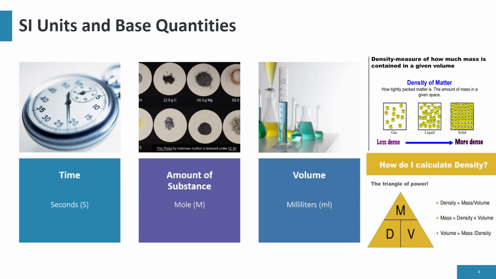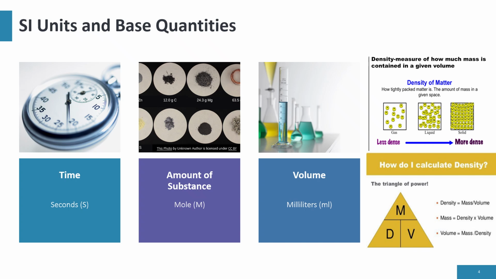Now, one of the things I want to focus a little bit more on is density. Density is a measure of how much mass is contained in a given volume. Let's say we have a small marble. How much matter is inside that marble is going to be completely different than, for example, a ping pong ball, because a ping pong ball is empty on the inside, or the matter inside it is a lot less than the matter inside the marble.